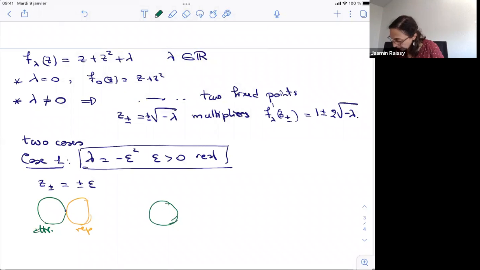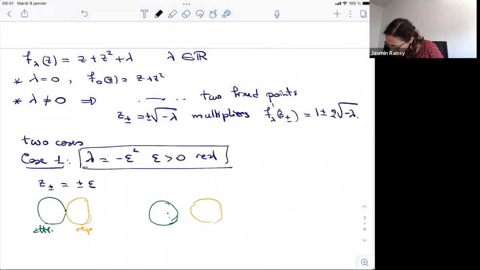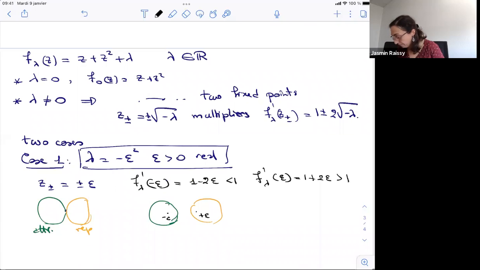And I will still have a repelling region because I have my two fixed points. So this is minus epsilon and this is plus epsilon, if I'm not mistaken, because when I compute F prime lambda at minus epsilon, this is simply 1 minus 2 epsilon, which is less than 1, and F prime lambda at plus epsilon, this is 1 plus 2 epsilon, which is bigger than 1.